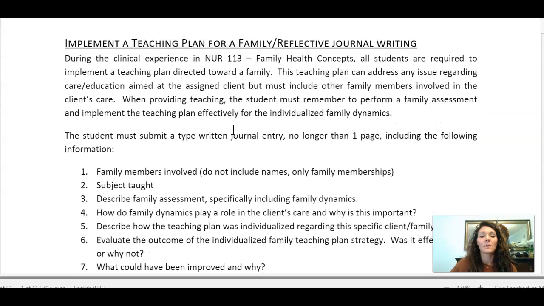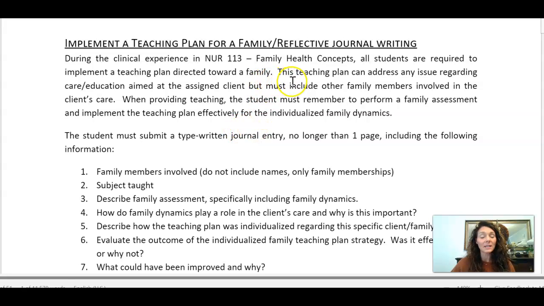All right, so here is the implementing a teaching plan, the reflective journal writing. During this experience, you're going to be required to implement a teaching plan that's directed towards the family. It has to be specifically related to that client and needs that they have while you're taking care of them.